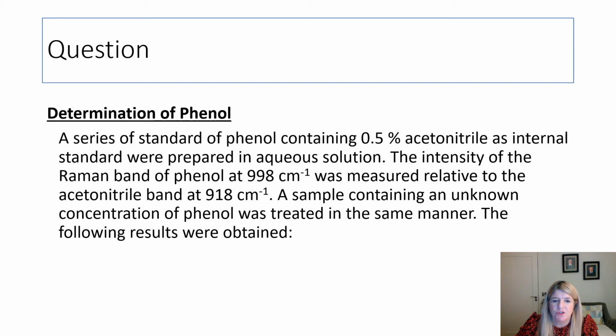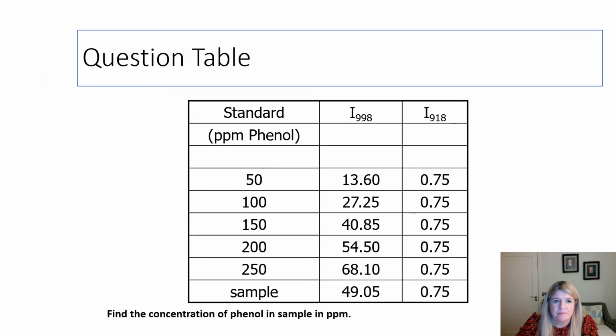This band is due to the phenol, which is what we're testing for, that's the pollutant. A sample containing an unknown concentration of phenol was treated in the same manner, and the following results were obtained. So here's my standards in parts per million of phenol. So you see I have 50, 100, 150, 200, 250 ppm, and then your unknown sample.